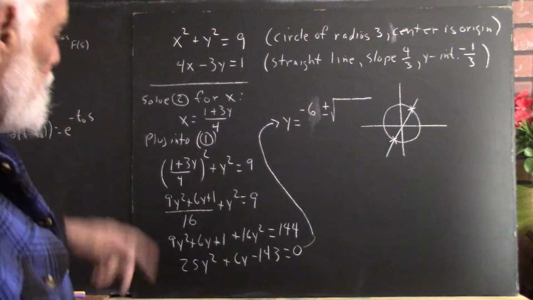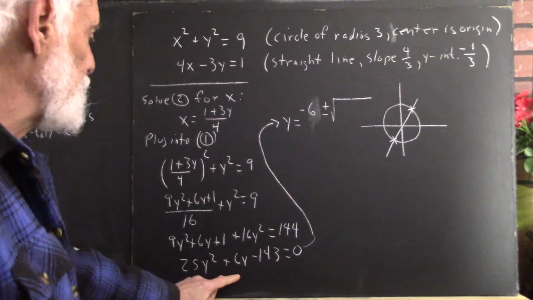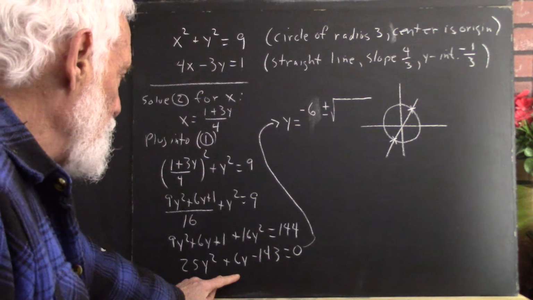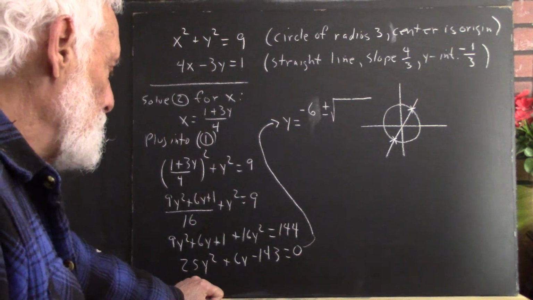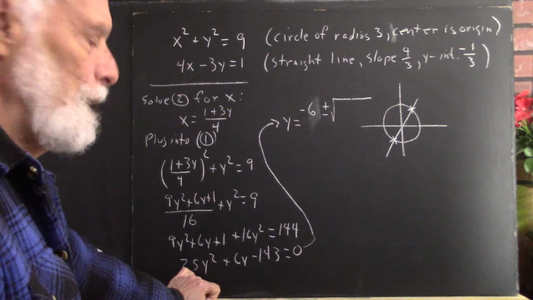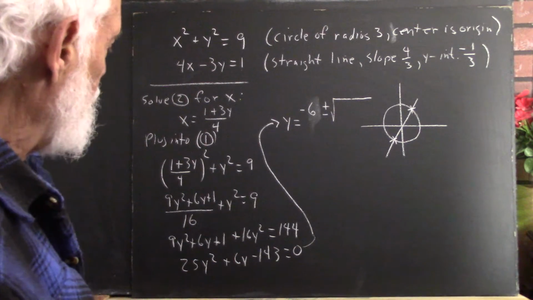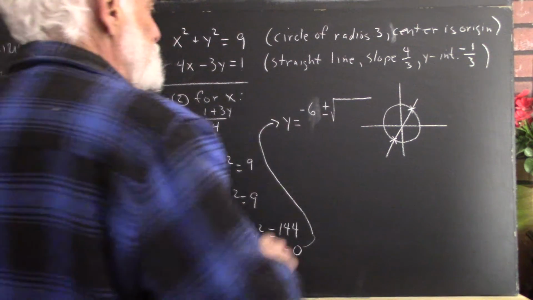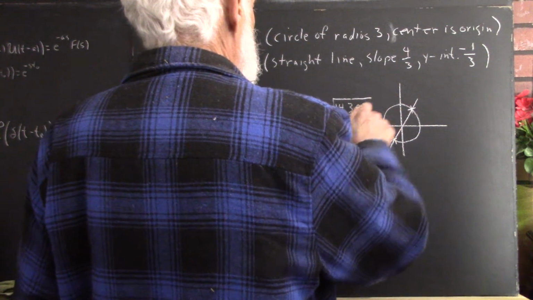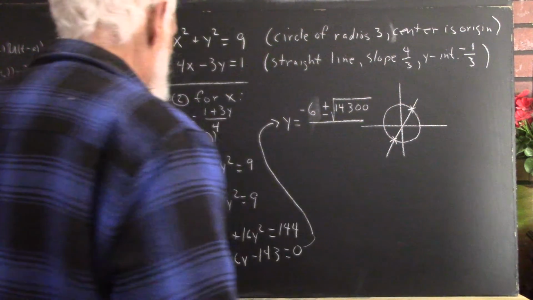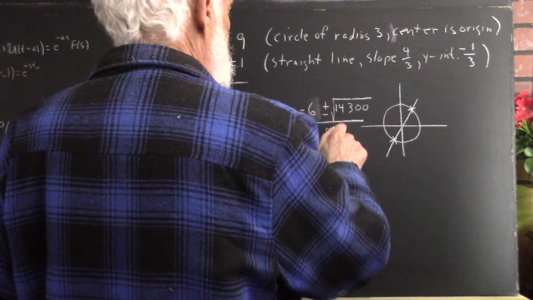Okay, then plus or minus the square root of 6 squared, which is 36, minus 4ac, which is going to be a pretty big number, except 4a is 100, and that's convenient. So we get 14,300. All that over 2a, a being 25, that's all over 50.